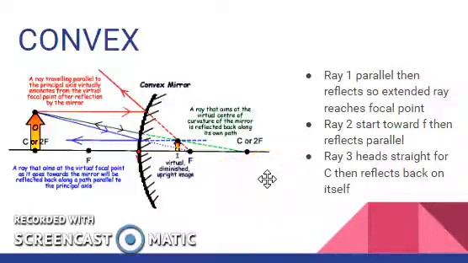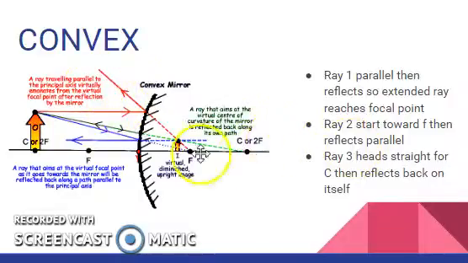It has the same amount of rays but different. This time, ray 1 is parallel as before, and then it reflects so that it goes through the focal point on the other side. But it also has to keep going through on this side.